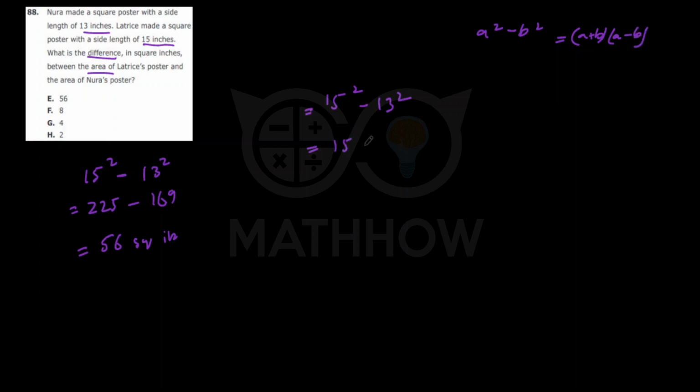Writing it as 15 plus 13 into 15 minus 13. 15 plus 13 will be 28, and 15 minus 13 will be 2, and 2 multiplied with 28 will become 56. So whichever method you find easy, you can solve using that method. So the correct answer is option E.